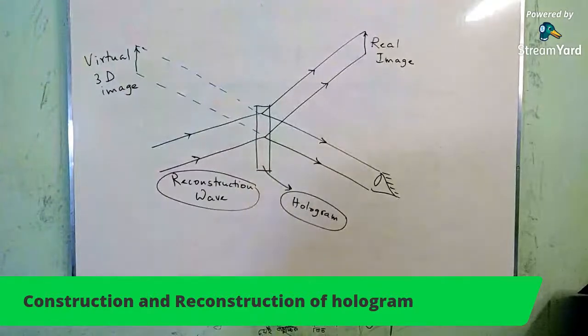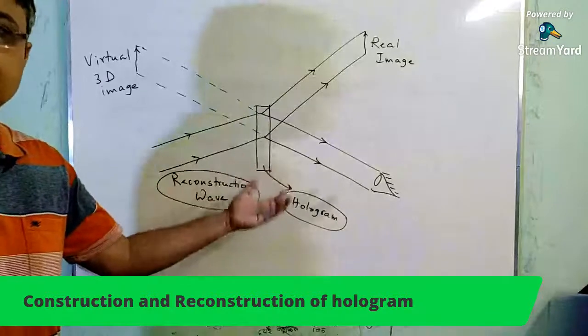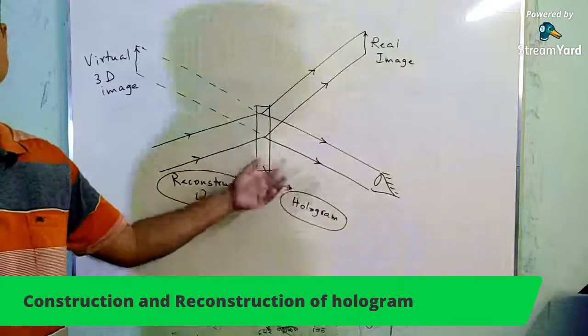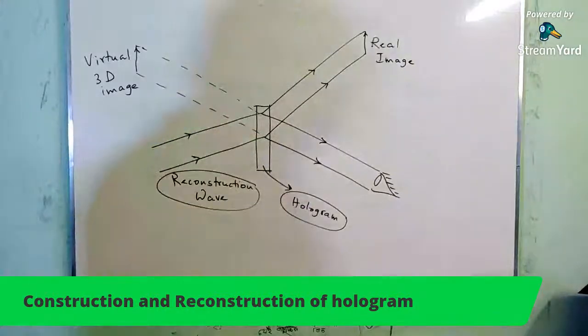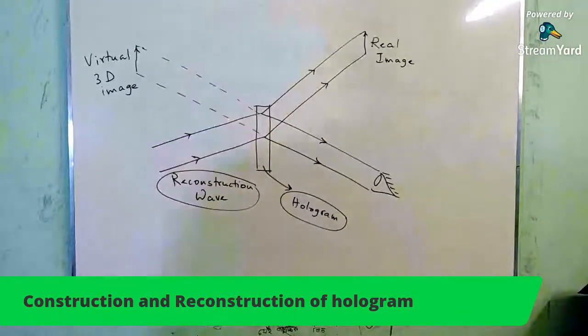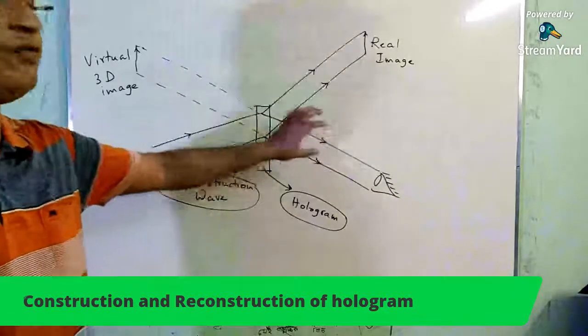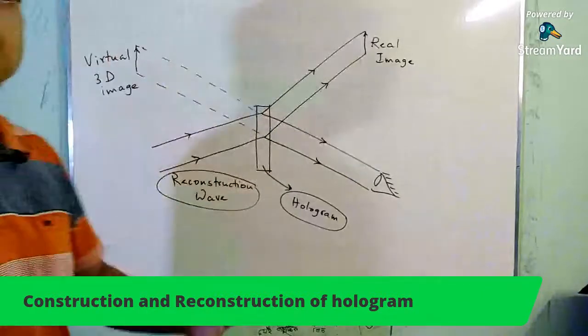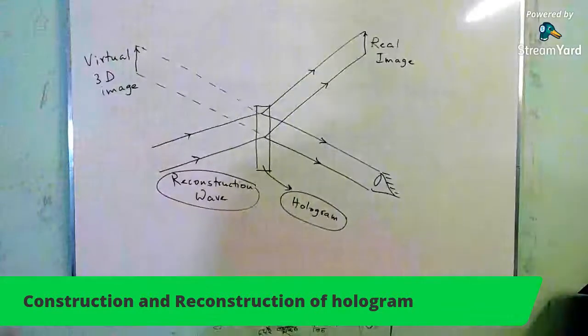And this hologram acts as a diffraction grating, or a diffraction element, which produces two sets of diffracted beams, in which one set forms a real image and the other set forms a virtual three-dimensional image of the object. So this is the diagram for reconstruction of a hologram. Okay? Any doubts?